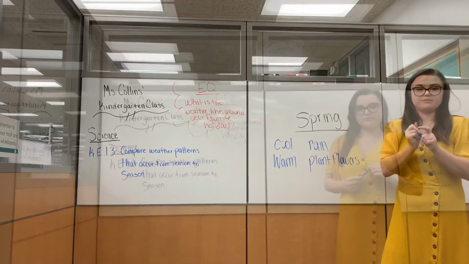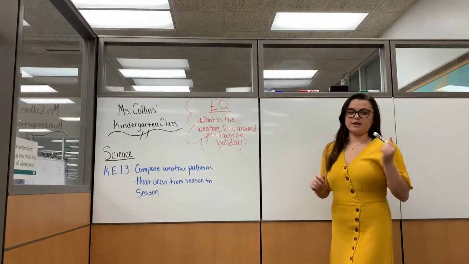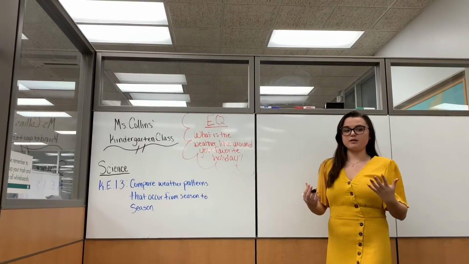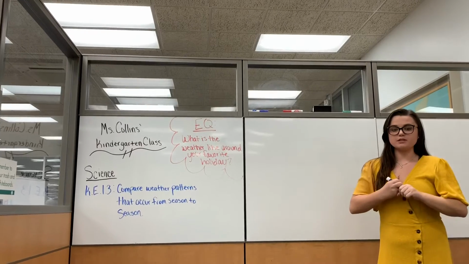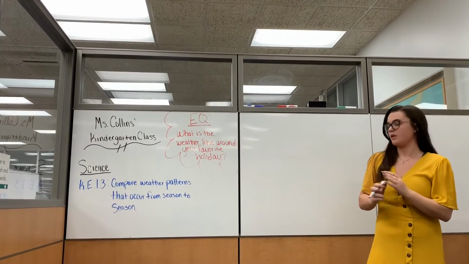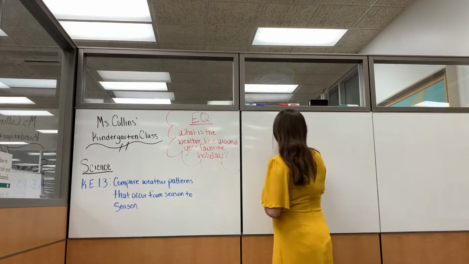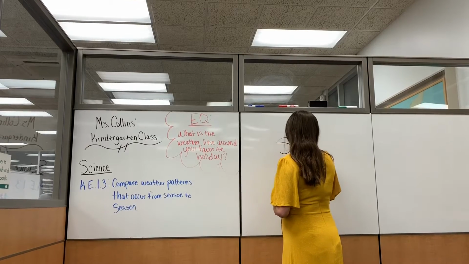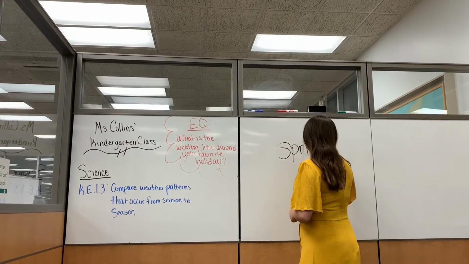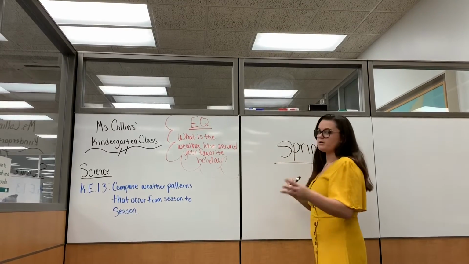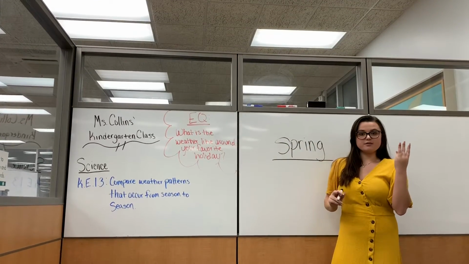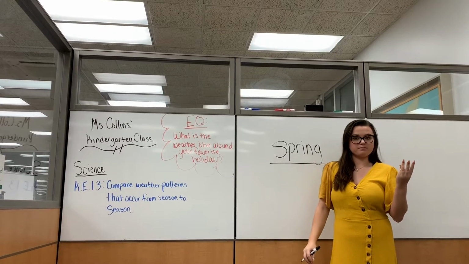Alright class, now we are going to go into learning about the different weather patterns that happen in the seasons. The first one we're going to start with is spring. I want everyone to give me 3 different types of weather that happen in spring.